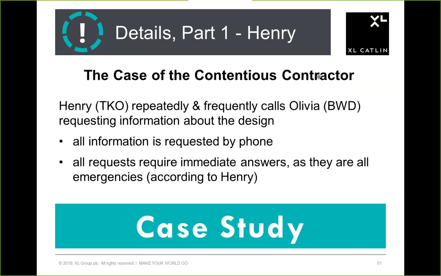And so here's the situation. The contractor's representative repeatedly and frequently calls Olivia asking for clarifications and information about the design. Now, as it turns out, his questions are all answered in the construction documents.